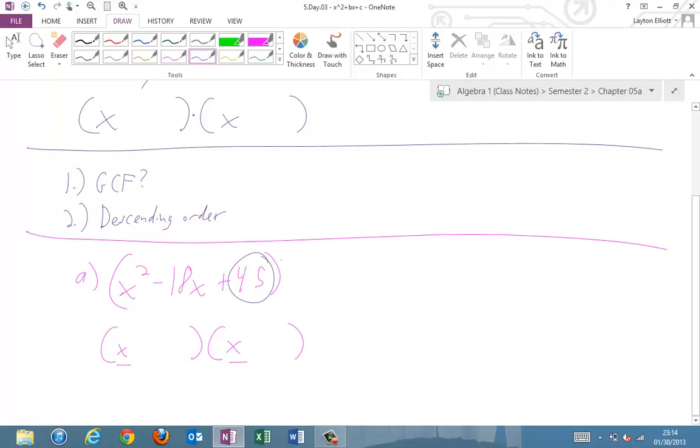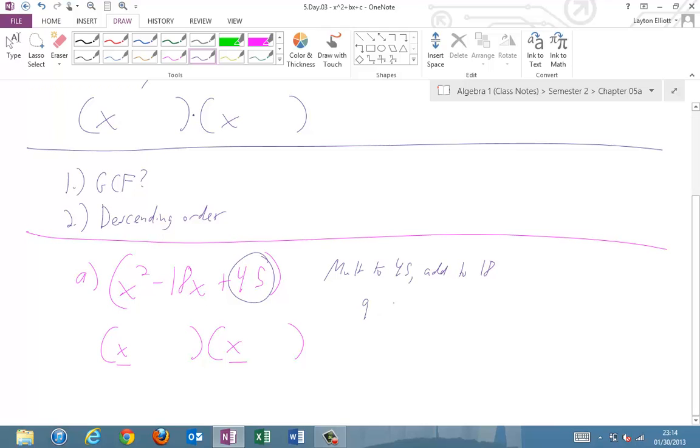We're going to look at 45 and try to decide what are the things that multiply to 45, but add to 18. So they're going to multiply to 45, but add to 18.